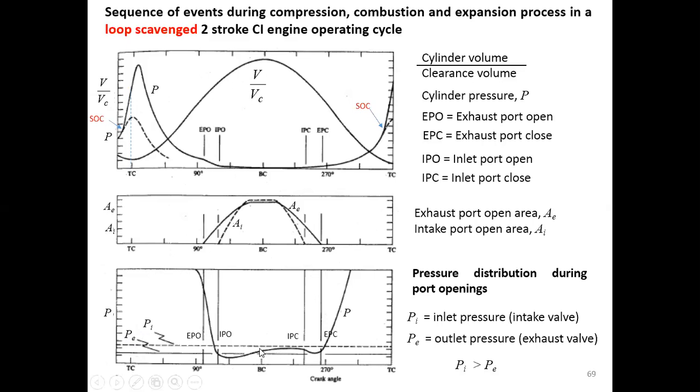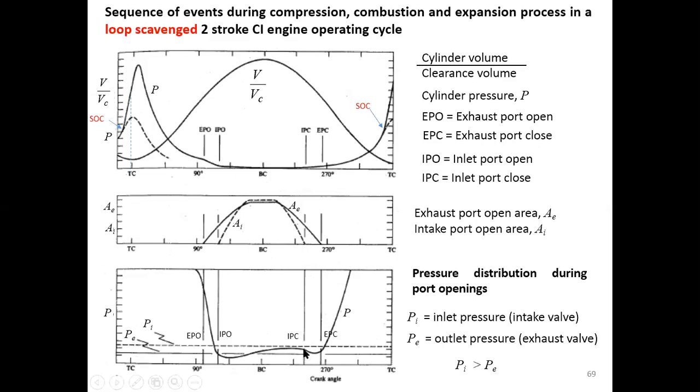So it can help the exhaust gas to be able to flow out again because the pressure inside the cylinder starts to go higher than the outlet pressure. So it goes up until the inlet port closes. The inlet port closes, and there is no more helpful force for the exhaust pressure.